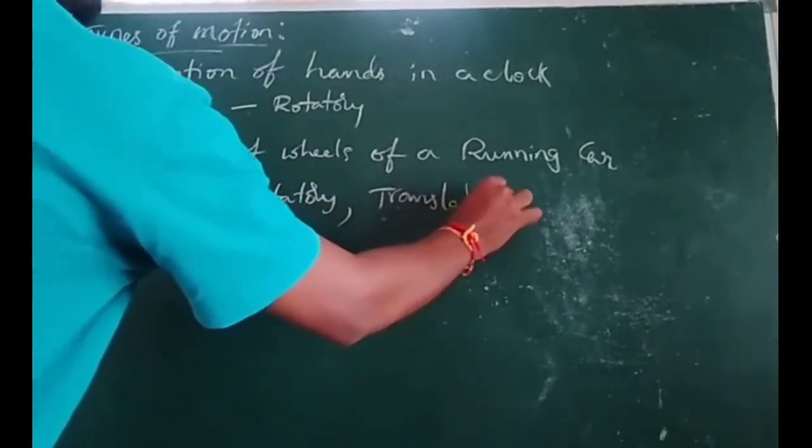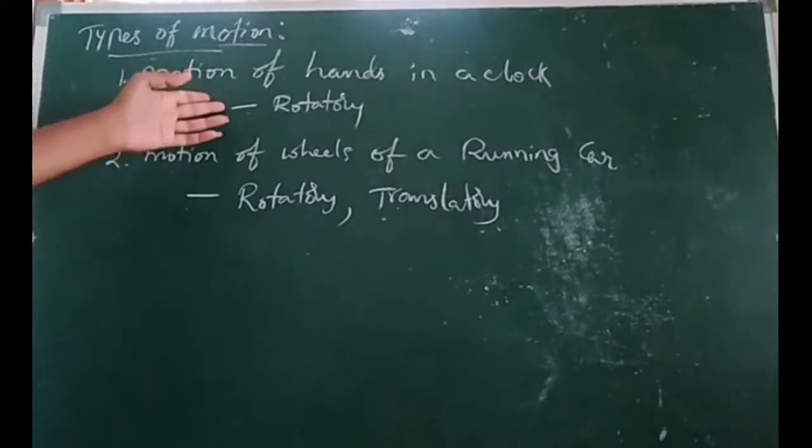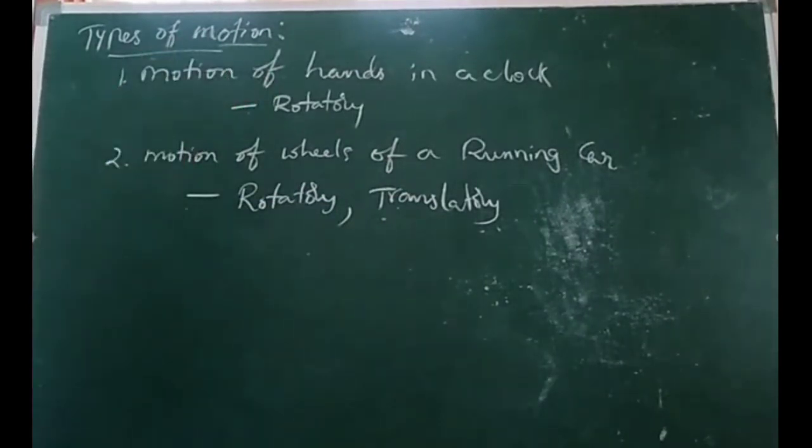At a time a body may possess two types of motion, rotatory and translatory, or a single motion, or even vibratory motion. It depends upon the motion of the object.